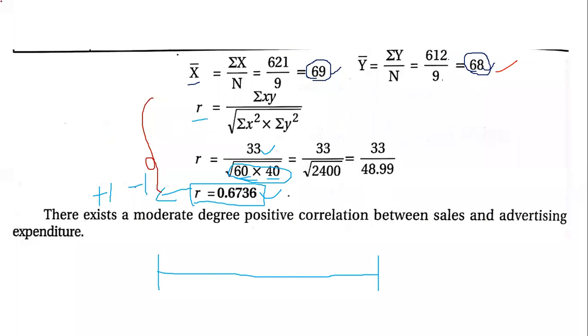Okay. Now let us analyze the R value that we have got. Suppose in this timeline, towards your right side is +1 and towards your left side is -1. Okay. And the value in the center is 0. Now, plot where this value of 0.6736 might come.